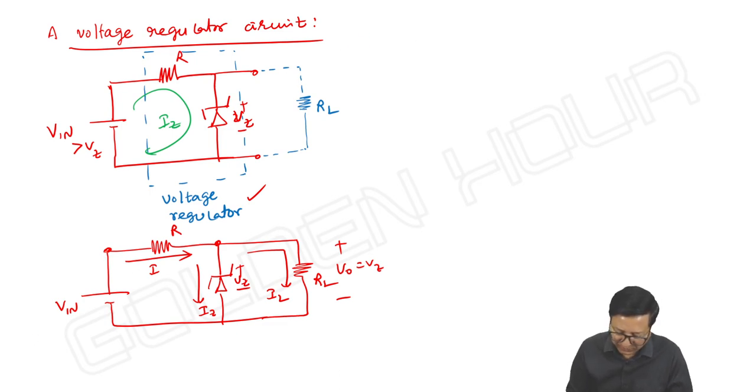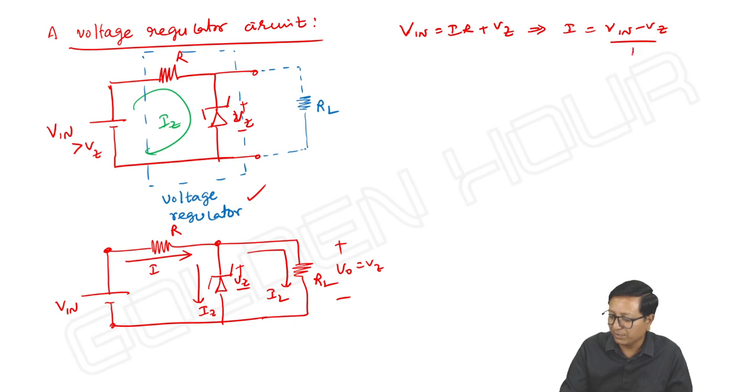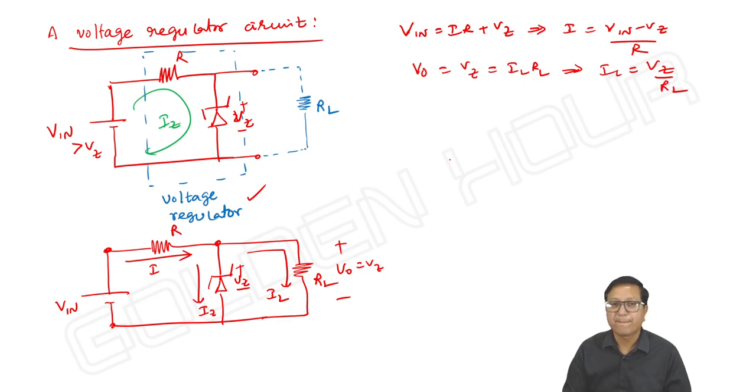If I take this loop equation, V input is equal to I into R plus Vz, or I is equal to V in minus Vz by R. Next point, V output is equal to Vz is equal to IL into RL, or I can write IL is equal to Vz by RL.